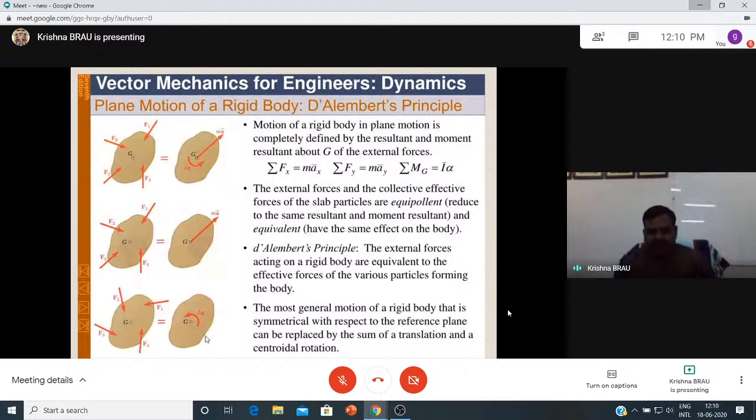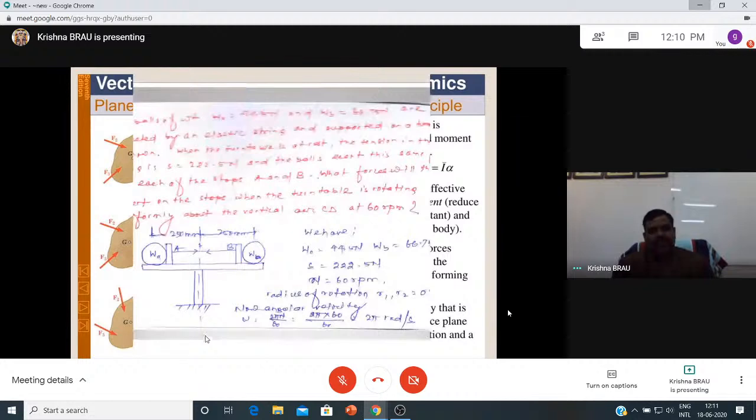Fx is equal to mass into acceleration, Fy is equal to mass into acceleration in y direction, and moment about the center of gravity. D'Alembert's principle says that the external forces acting on a rigid body are equivalent to the effective forces of the various particles forming the body. So this is how generally we will consider the plane motion of a rigid body.